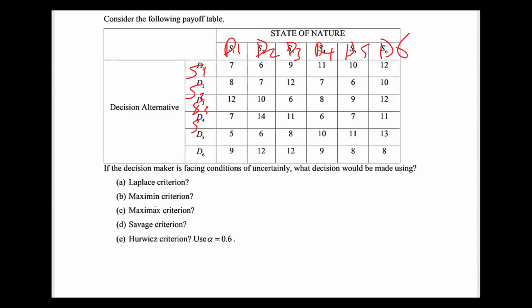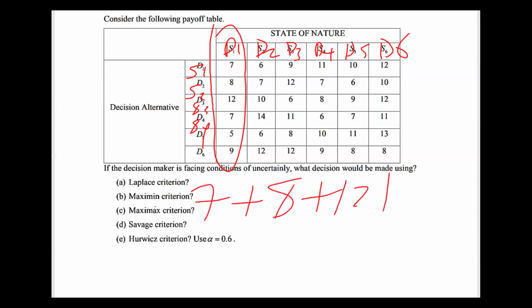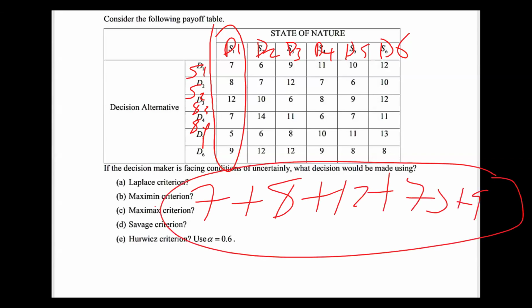So you move along the decision. When adding, you'll be adding vertically, using columns. So you say 7 plus 8 plus 12 plus 7 plus 5 plus 9, and divided by how many? You follow the decisions. You move along the decisions, in short.